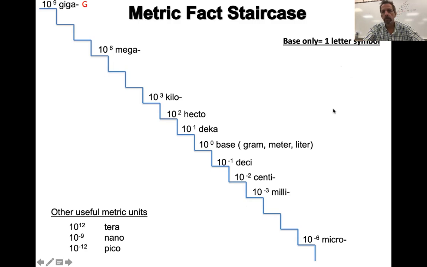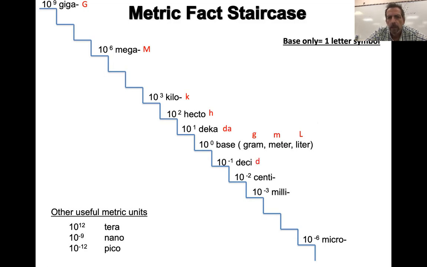In order to make this work, we need to be familiar with the symbols that represent each unit or prefix. Giga is represented by an uppercase G, mega, capital M. Kilo is typically a lowercase k, though some people might write it as an uppercase. Hecto, lowercase h. Deca, a strange one, has the D and the A. Our base units: gram, lowercase g; meter, lowercase m; liter, usually written as uppercase L, otherwise it could be mistaken as an I. Deci, lowercase d; centi, lowercase c; milli, lowercase m.